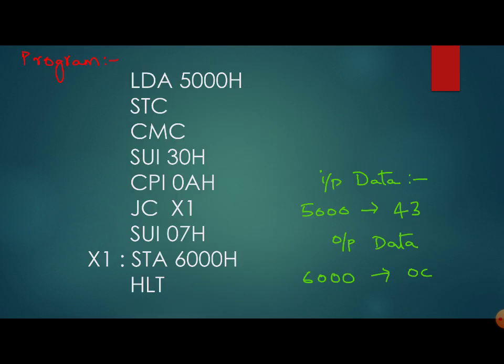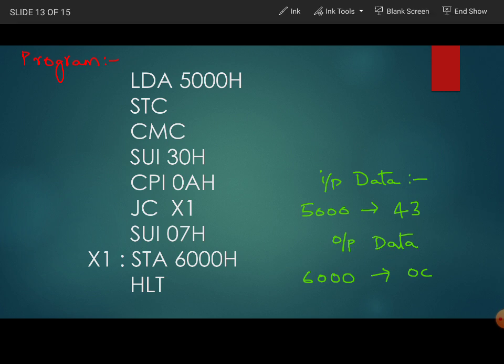Now writing the program. So first load accumulator 5000H means the content of 5000. What is the content of 5000? 43. So 43 will be loaded into accumulator register. First instruction. And set carry flag, complement carry.